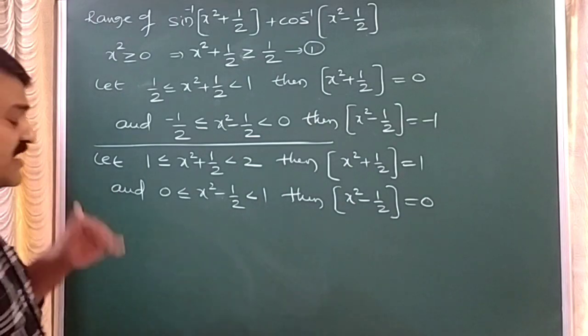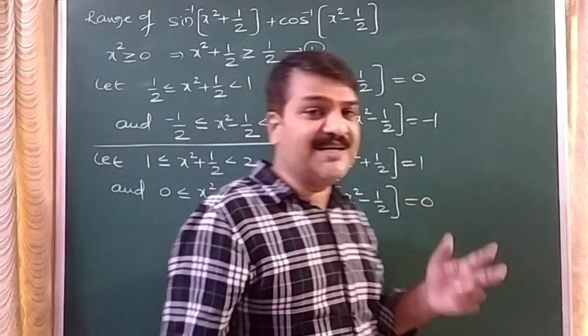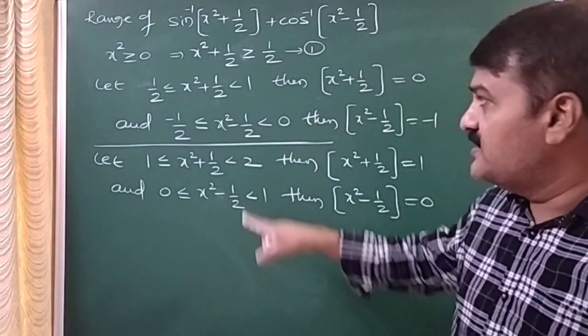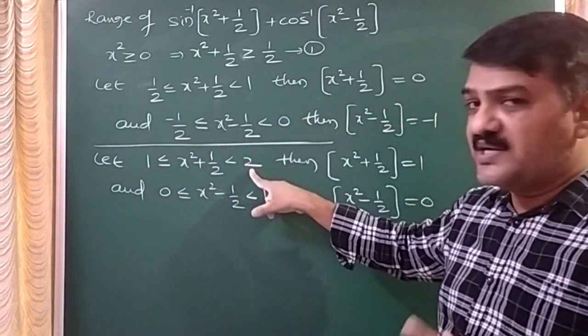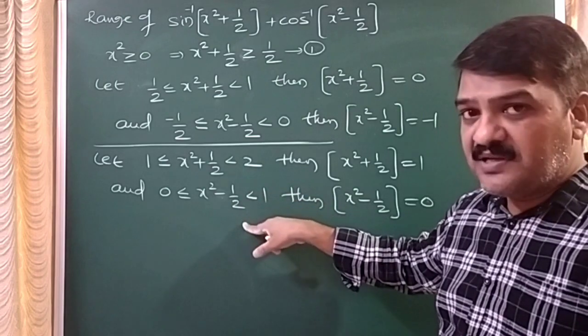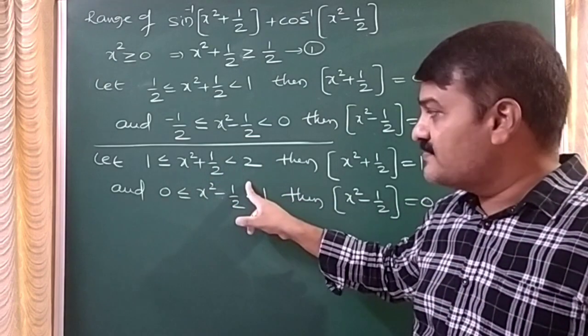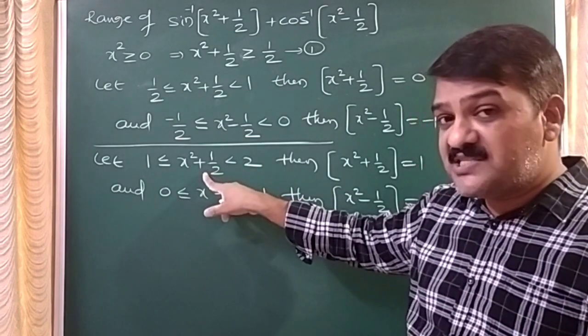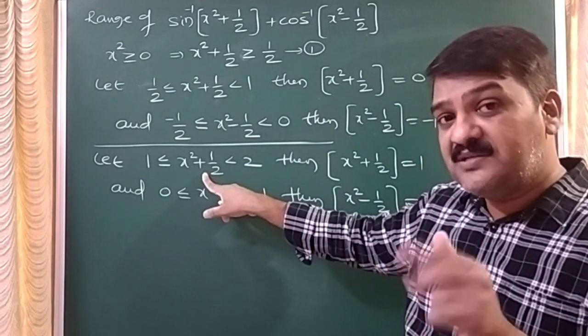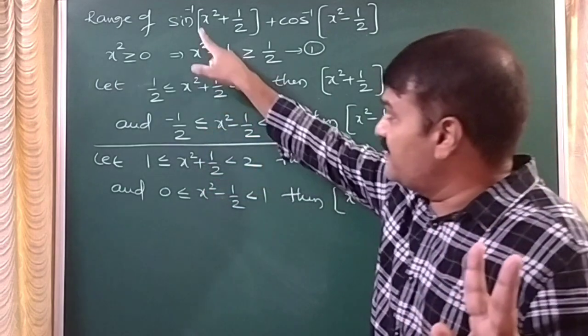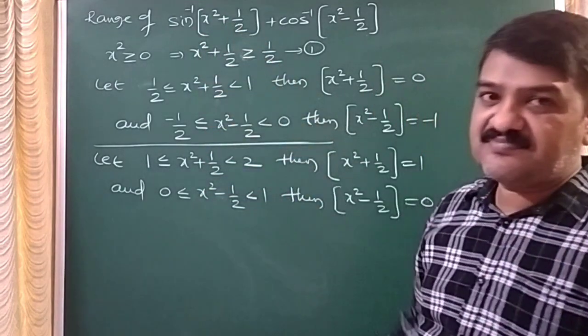So shall I go to the next case now? The next case is not possible. Why? Because between 1/2 and 1 is over, between 1 and 2 is over. What is the next step? I should take between 2 and 3. When you take x² + 1/2 between 2 and 3, the step value will be 2. Sine inverse is not defined for 2.